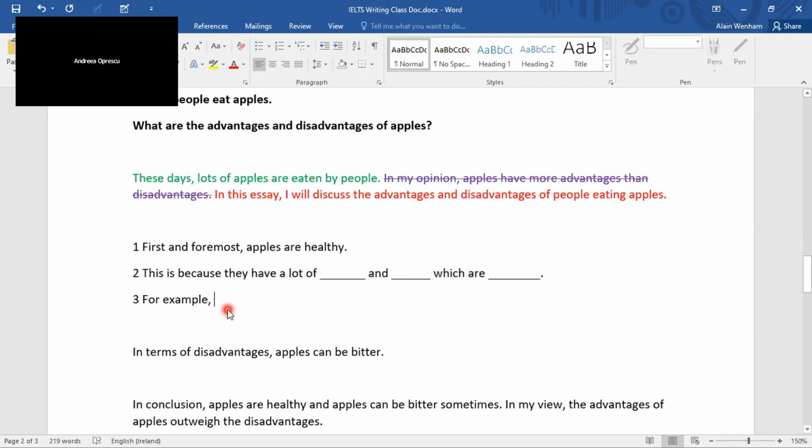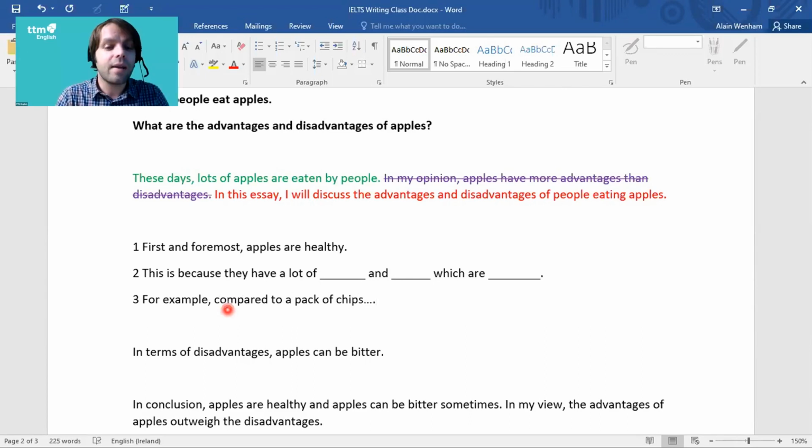Well, I'm not sure if it's a good one, but for instance, compared to a pack of chips filled with chemicals, an apple would give energy. Again, next week, I promise I'll focus a bit more on example giving. Often it's harder than you think, right? And remember that all your sentences have to link together. So it's okay, that one. It's not terrible, but I would want a specific example, right?